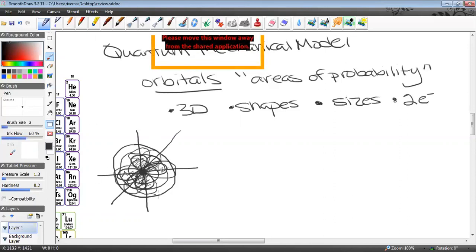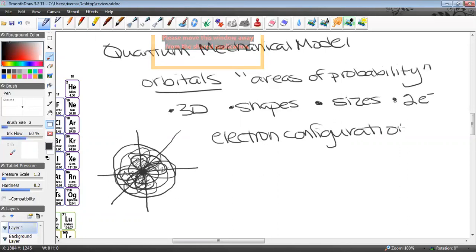So instead of drawing it like this every single time, we wrote things called electron configurations. And there's 3 different types of electron configurations that we can write.